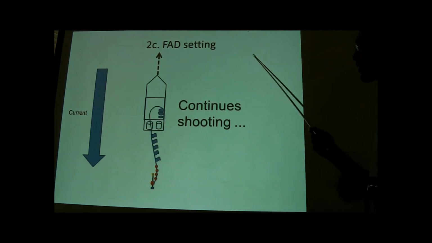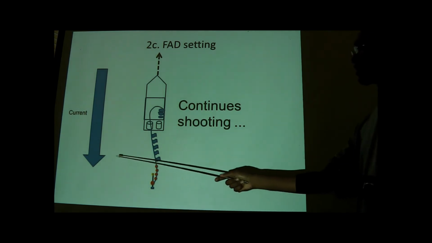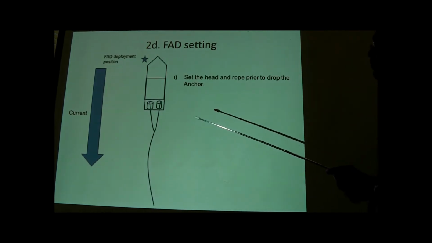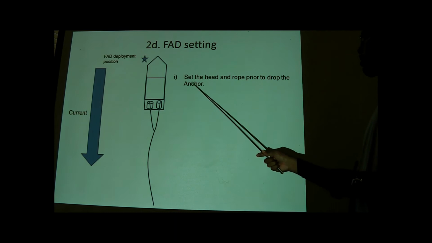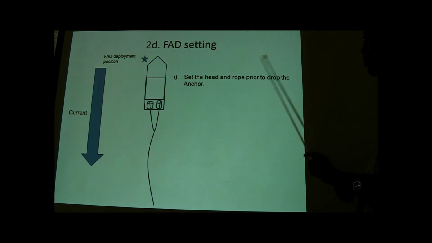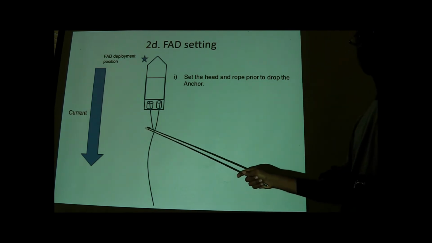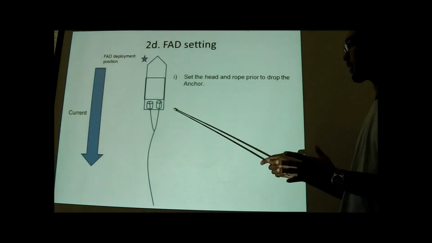Again, I will mention always set against the current. To see our FAD setting operation, as you can see here, continuous shooting the head against the current. Step 1: set the head and rope prior to dropping the anchor. So here is a diagram of all the rope being set.